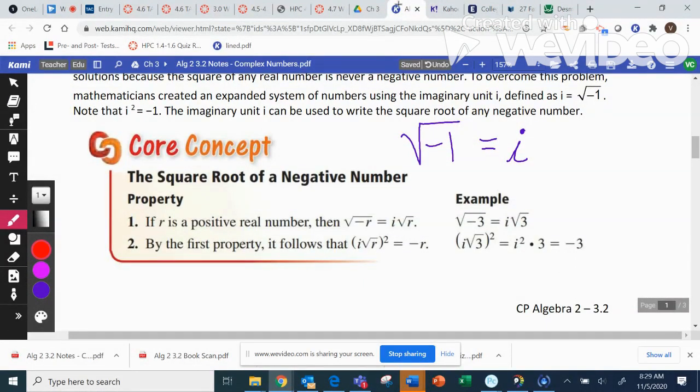So if r is a positive real number, then the square root of -r is i square root r. Here's an example. Square root of -3, we would separate to be square root of -1 times square root of 3. The square root 3 will stay square root 3. The square root of -1 becomes i.